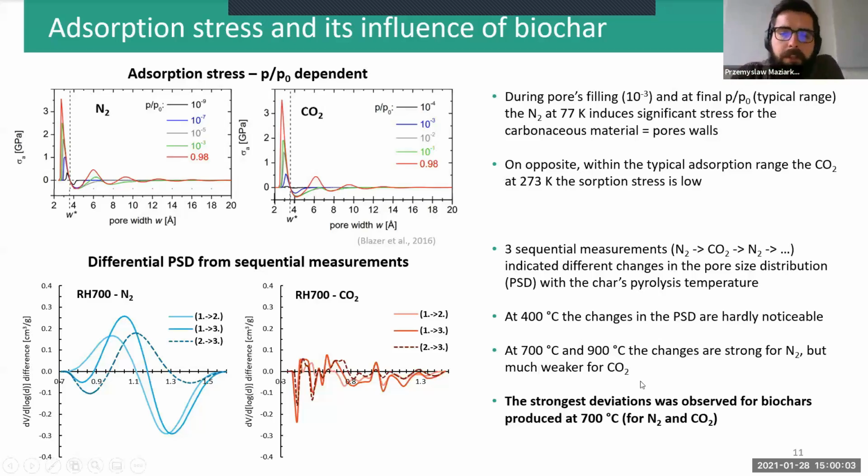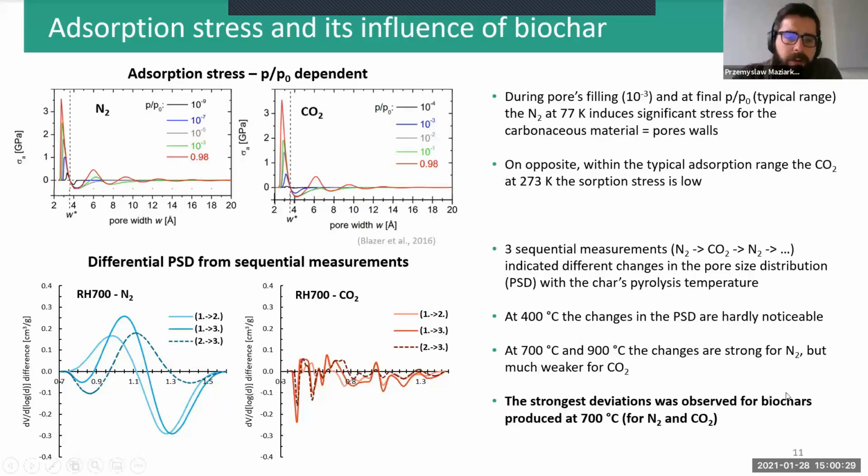What we found out is that at 400 degrees there is not a lot of difference between the pore size distributions, which means that the structure is not very prone to show any distortion of the pores. At 700 degrees and at 900 degrees, the differences were very strong for the nitrogen, but for the carbon dioxide, not as much.